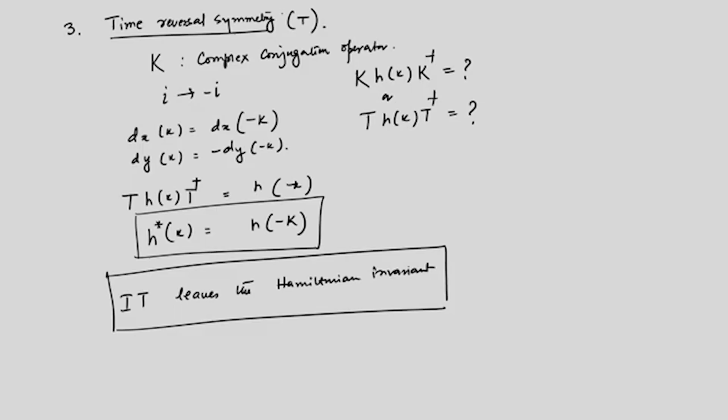So, if you combine them, the minus sign goes away and the Hamiltonian is invariant. So, what we have discussed so far is a simple one dimensional model with dimerization.